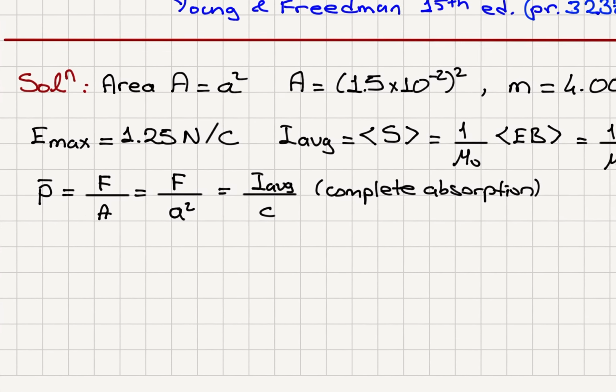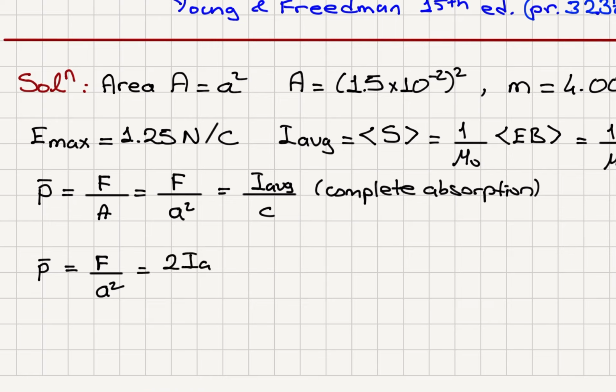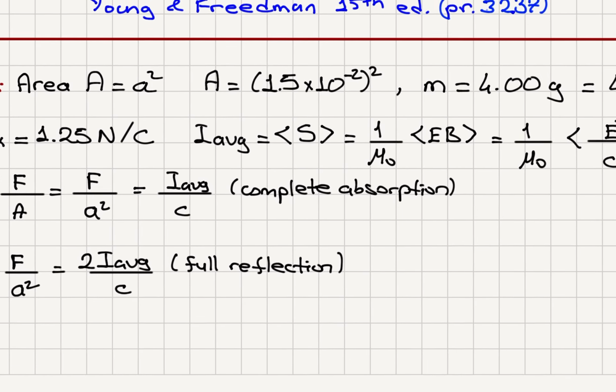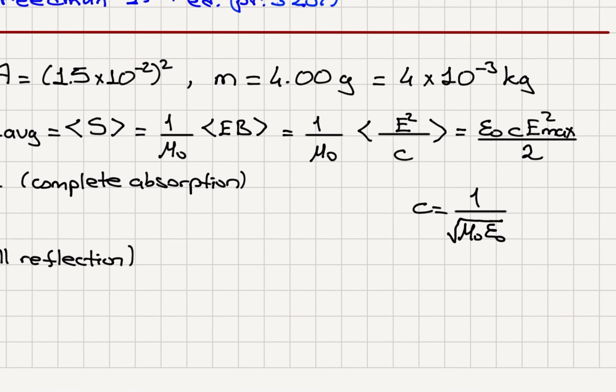And this average pressure, force divided by A squared, is twice the average intensity divided by the speed of light if we have full reflection. And remember that we have both of these types present. One type is on one square, the other coating is on the other square. And with that, we obtain two different forces here.